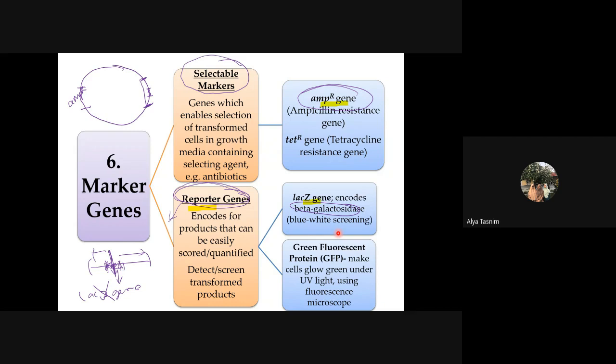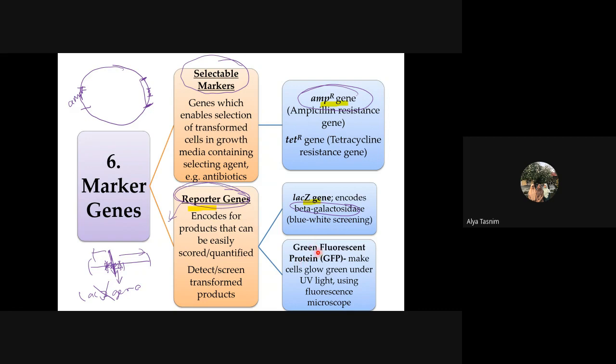So kat sini kita akan tengok bakteria yang ambil recombinant plasmid, dia akan hasilkan 2 colonies, sama ada koloni biru ataupun koloni warna putih, white colonies ataupun blue colonies. Okay, so you have to select which one of the bacterial colony contains the recombinant plasmid.